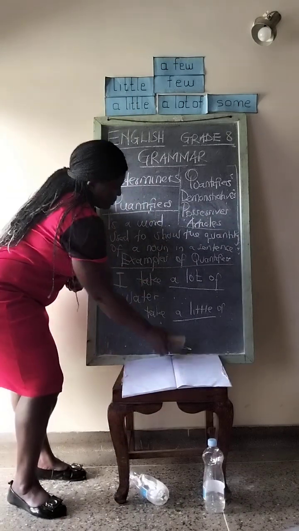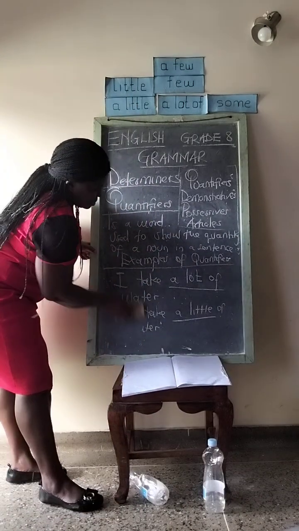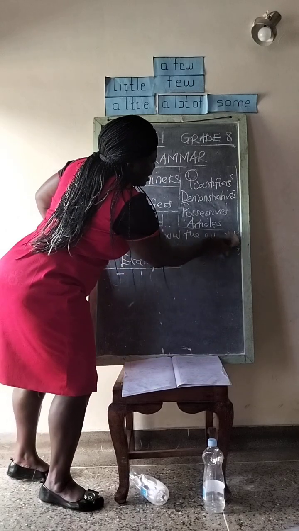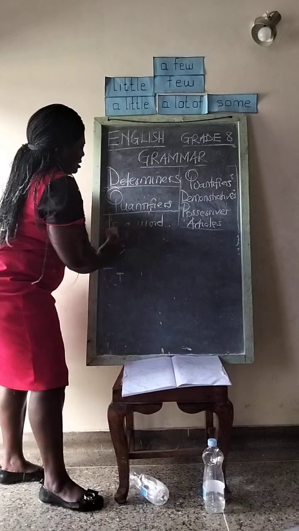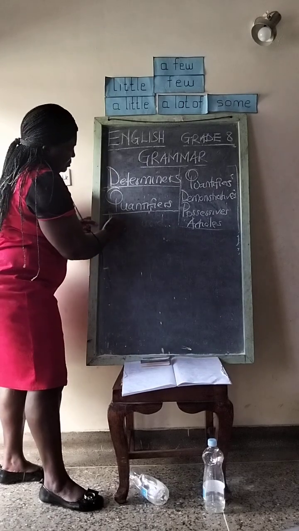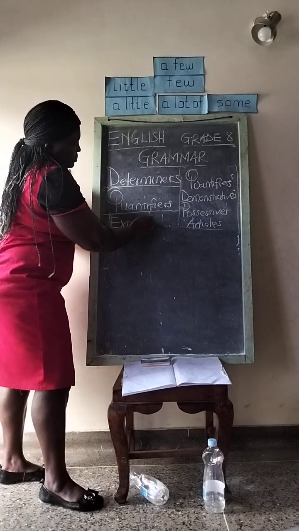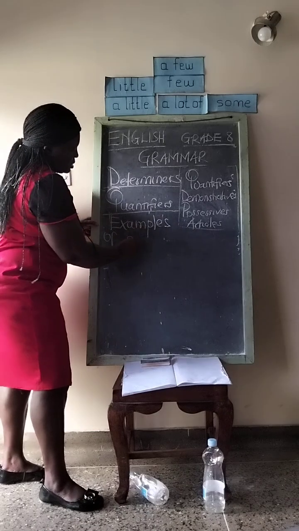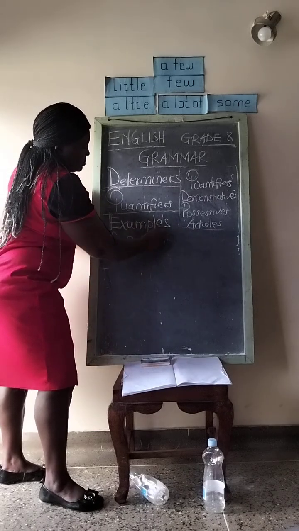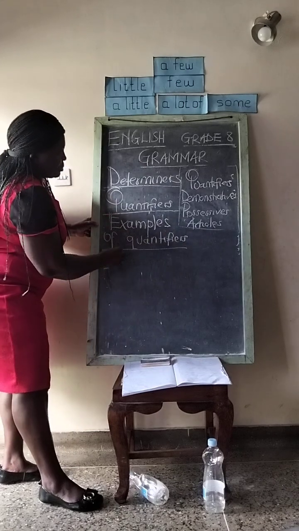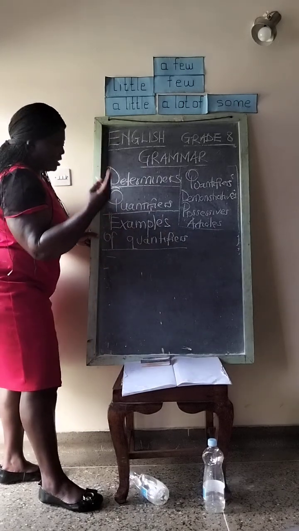There are many. Let us also add other quantifiers that are not there on the flashcards. Let us write examples of these quantifiers. You can also write there in your notebook.